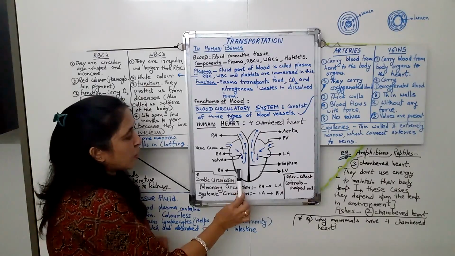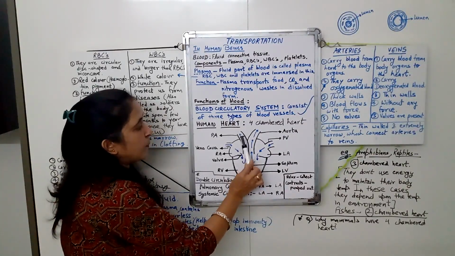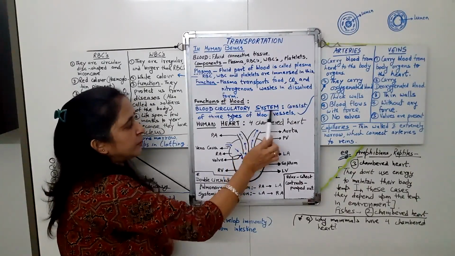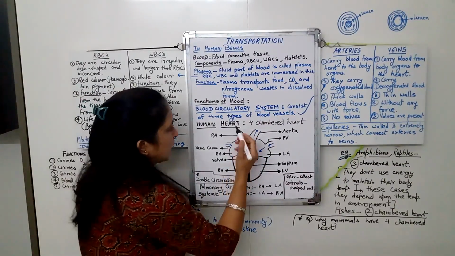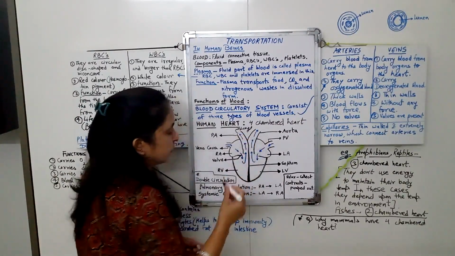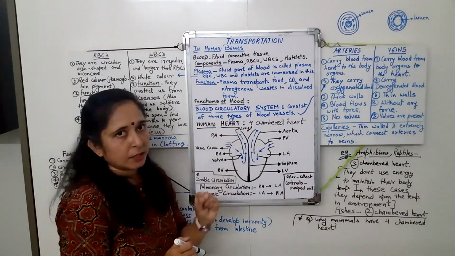Fine. Now from the right ventricle, it is pumped out into the pulmonary artery, and through the pulmonary artery it will enter into the lungs. I will write here, lungs. Right. So from the pulmonary artery it will enter into the lungs.